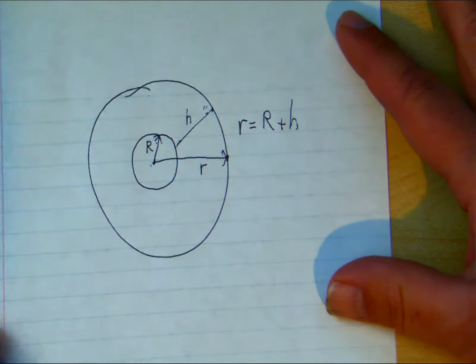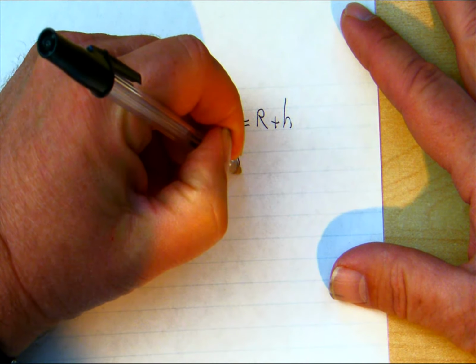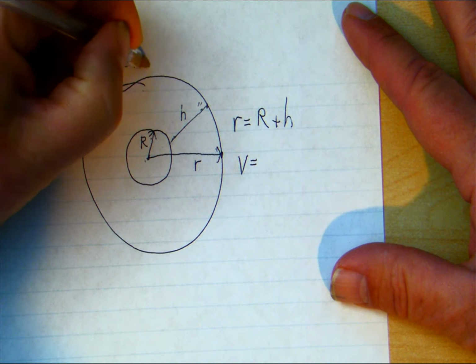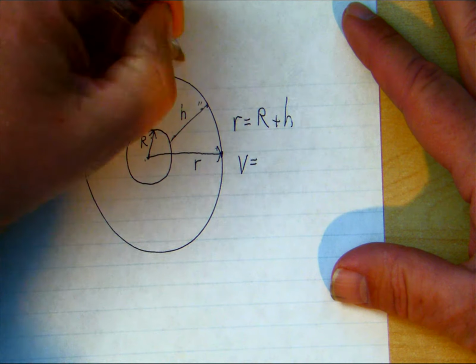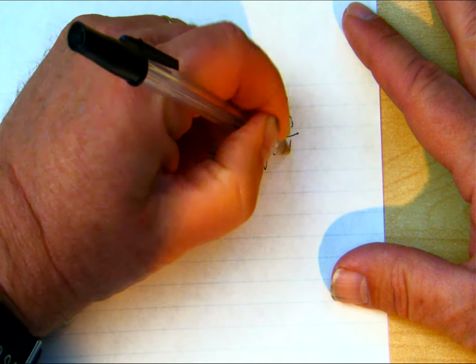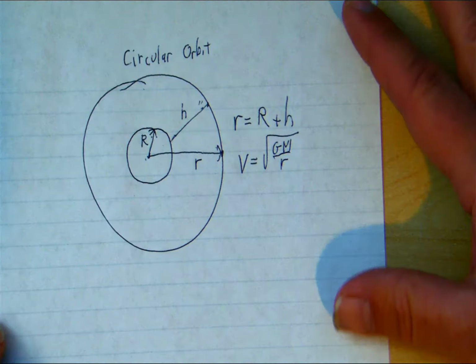And then we had all of our fun equations, such as the orbital speed in a circular orbit, which is equal to the square root of G times M divided by the orbit radius.